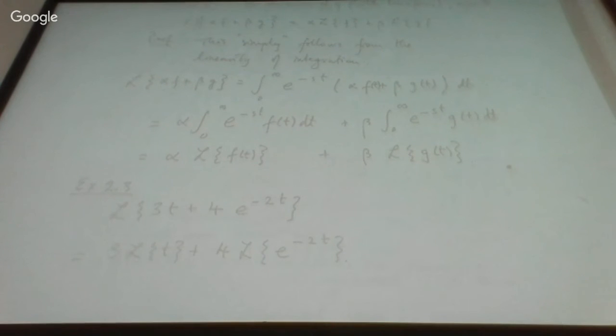So using linearity, we can say this is 3 times the Laplace transform of t, plus 4 times the Laplace transform of e to the minus 2t. Okay, and then make use of previous results. So this is using linearity.